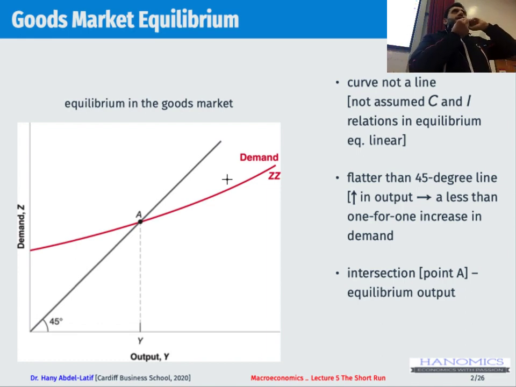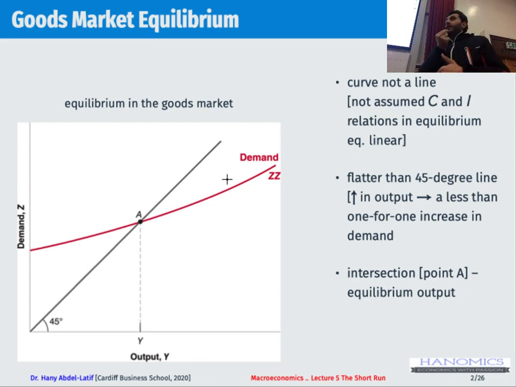We said if people receive more income, they spend part of that income on consumption, which of course translates into a change in aggregate demand. Do you remember the marginal propensity to consume? If the marginal propensity to consume is 80% and income increased by 100 million, they will spend on consumption only 80 million, not the 100, not 1-for-1.